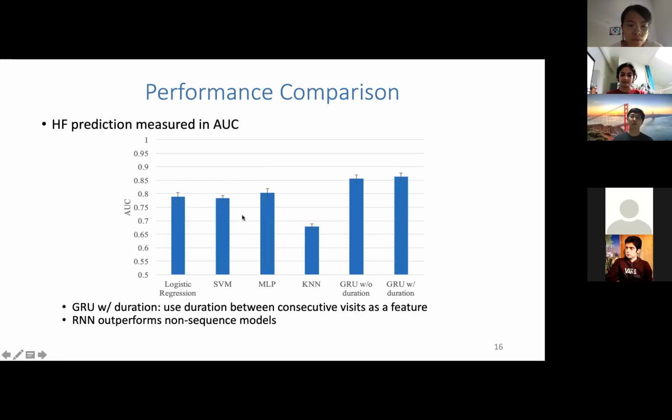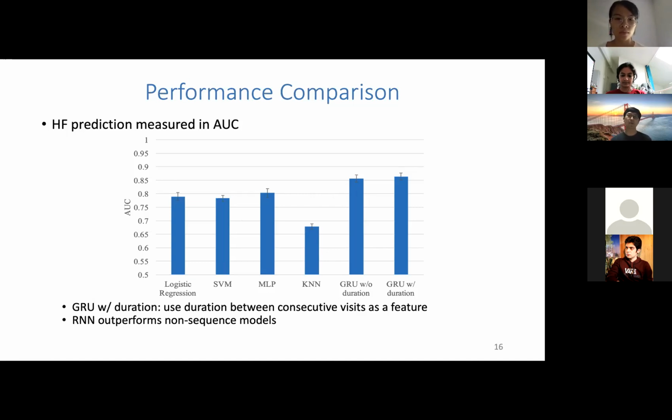In order to use these models, you have to somehow aggregate the information. So I just used counting vectors here, but instead of using counting vectors, if you use the sequence of events, then it is a bit easier for the model to see if a patient is getting better or getting worse in terms of his or her heart condition.